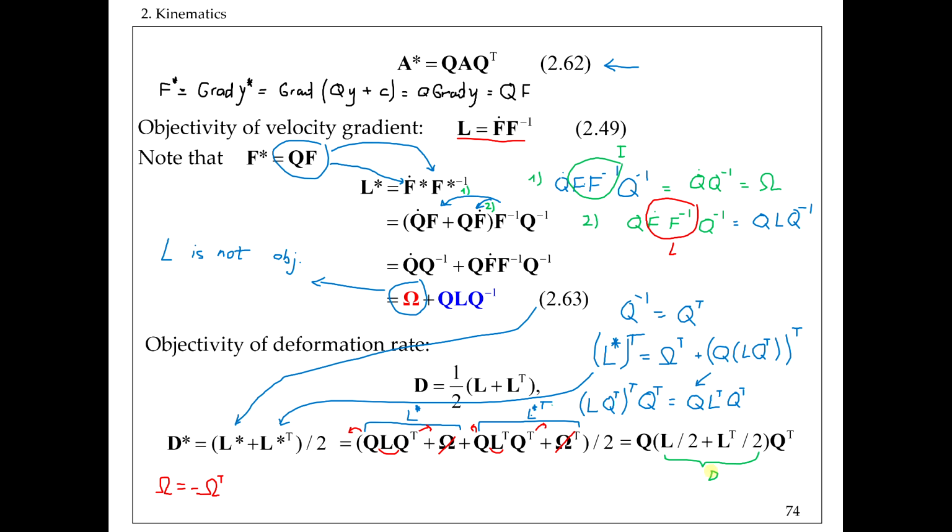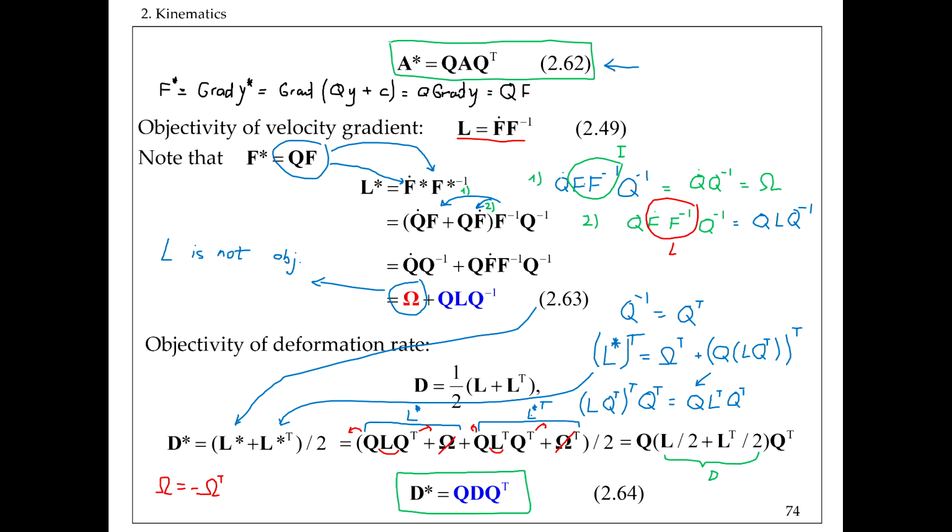That's exactly how we wrote the definition of that. So it's half L plus L transpose. And at the end, very surprisingly, we obtain that the deformation rate is indeed objective, and it's very good for us.